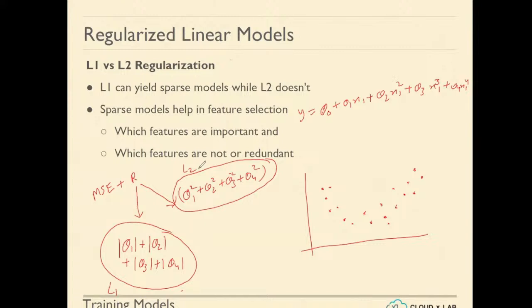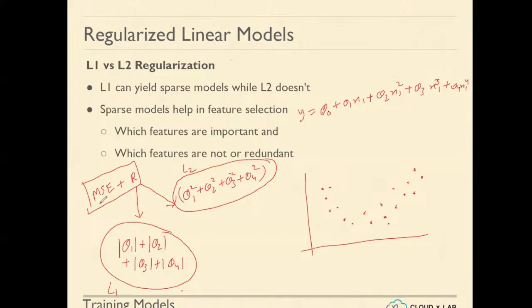And yes, so now we want to minimize this total term. Total term is MSE plus R, right? If we are optimizing an unregularized cost function, then we will only have MSE. But since we are here regularizing, we are optimizing a regularized cost function.